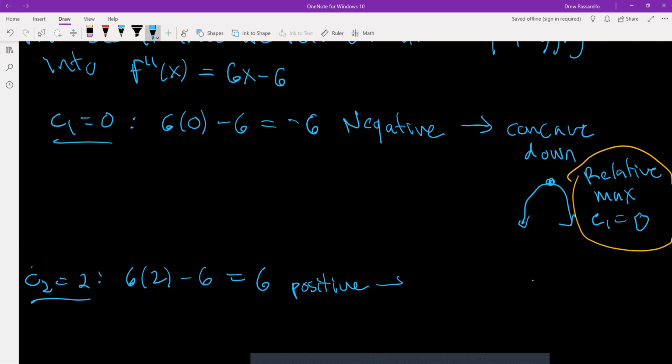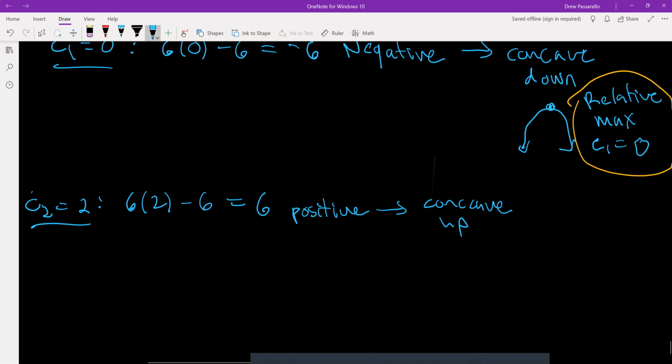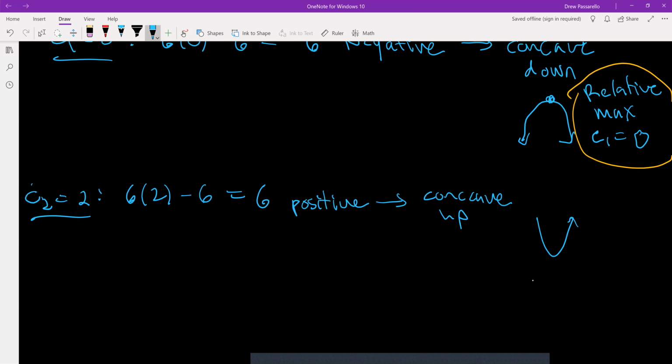And since it's positive for the second derivative, that means it's concave up. So it's opening upward. That means there's going to be a relative min. That's at 2.